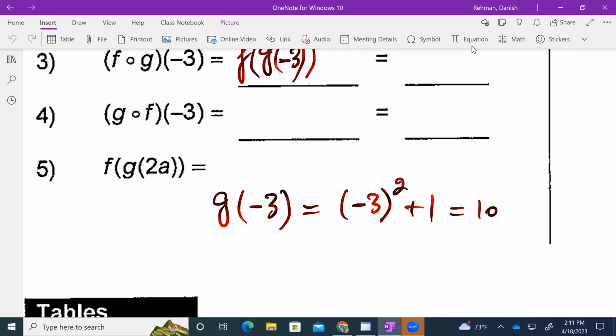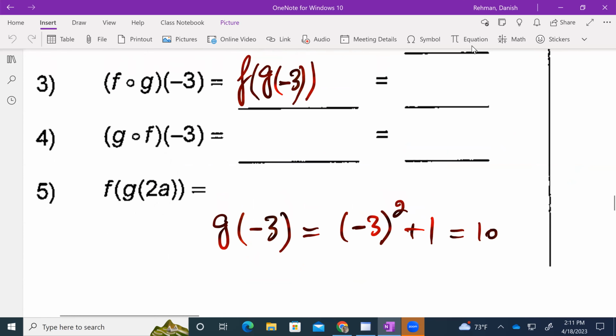What do we need to do next? We are trying to figure out the f of g of -3. So we are now at the next step. In fact, we found out that g of -3 is a positive 10. So now I will find the f of 10.